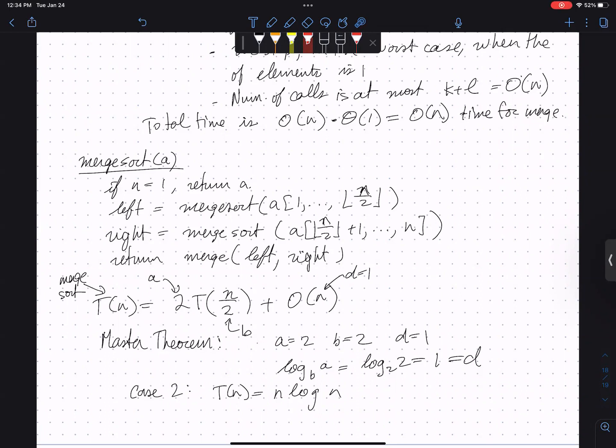I think if you have to write down the recurrence relation, usually it's okay to give the answer. It's okay to just give T of n is n log n by master theorem. If you want to say a little more, you can say we used case 2. You don't have to show all these steps. You can do that on the side.